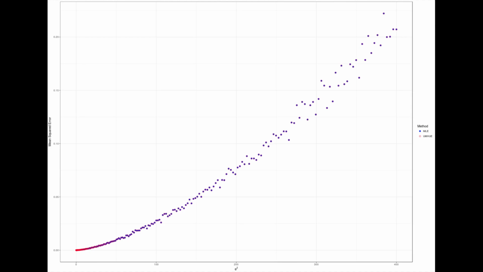And her plot for when n is large, for 500 trees, is very similar in that the MLE and UMVUE are predicting similar values for theta squared each time. However, theta squared performs better when theta is between 0 and 1. Now, she thought, why would theta squared do worse? Why would our mean squared errors be worse as we increase theta squared?